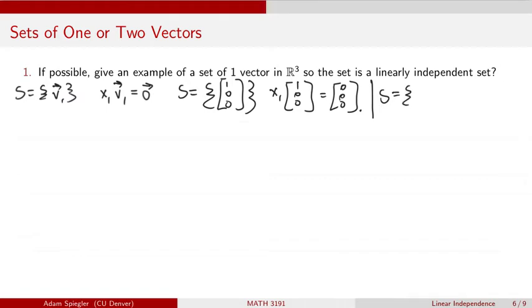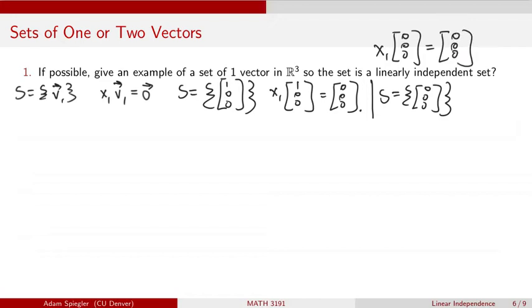Namely, if I were to pick the 0 vector, this is going to be a linearly dependent set since the equation x1 times the 0, 0, 0 vector equals 0, 0, 0. Well, this equation over here has an infinite number of solutions. Anything I pick for x1 would be a solution.